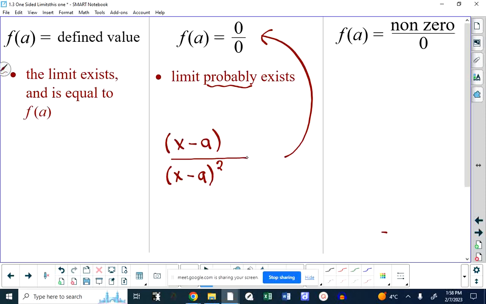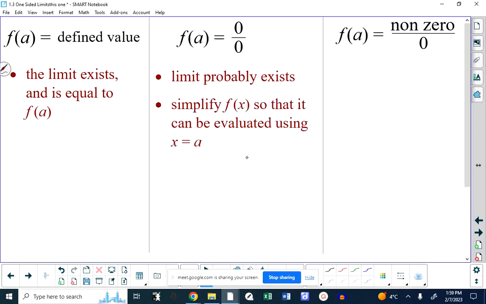And by the way, if that happens, that's going to end up turning into this third situation. Okay. Anyway, the limit probably exists. Your job is to simplify the argument of the limit so that it can be evaluated using x equals a. Once you do put the result in, whatever comes out is the limit.